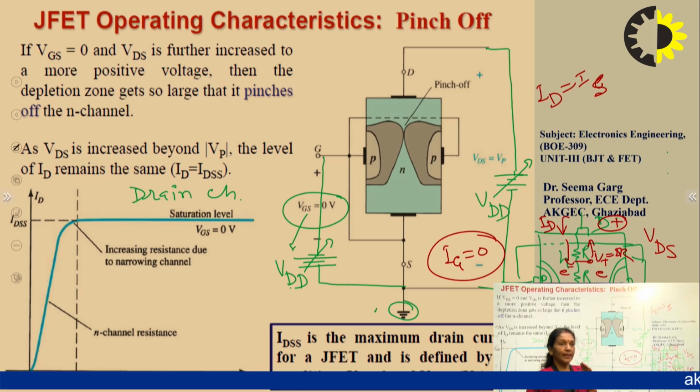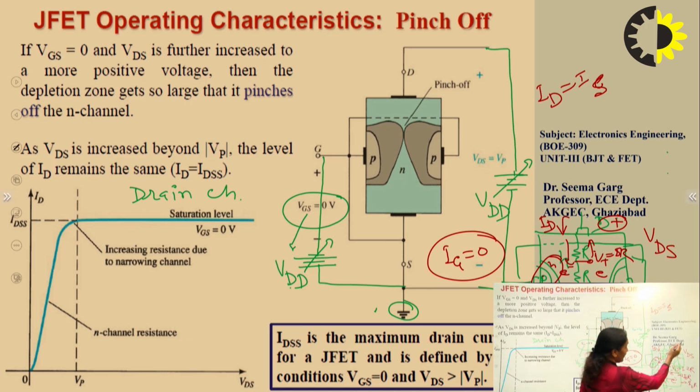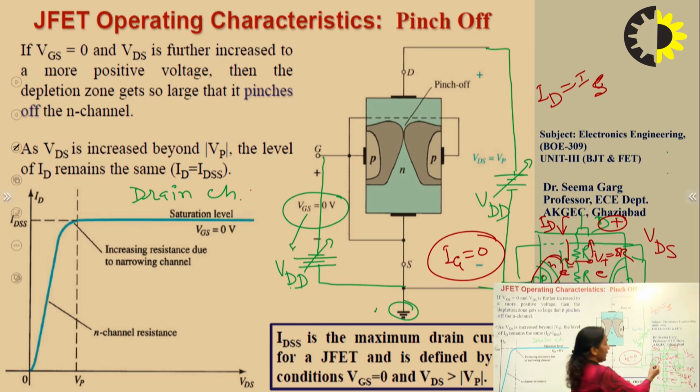Also, you know that this is analogous to a PN junction. When we reverse bias any PN junction diode, the depletion layer gets widened, and that is why this depletion region gets widened. But interestingly, this is not uniform. Why?